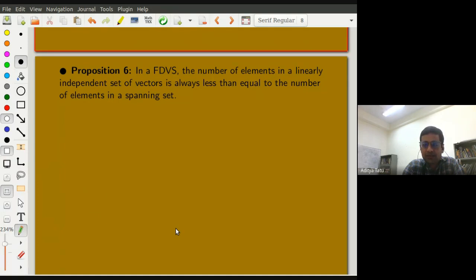I hope it looks very intuitive and natural, but still we will try and prove this. The statement clear to everyone? You cannot have more linearly independent vectors than there are elements in a spanning set.